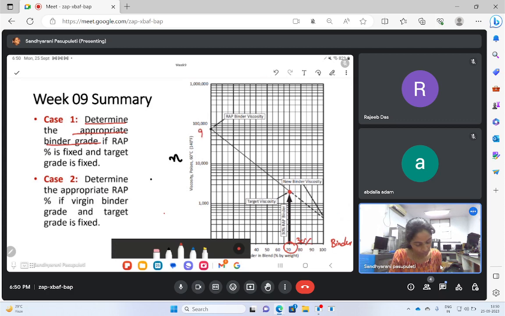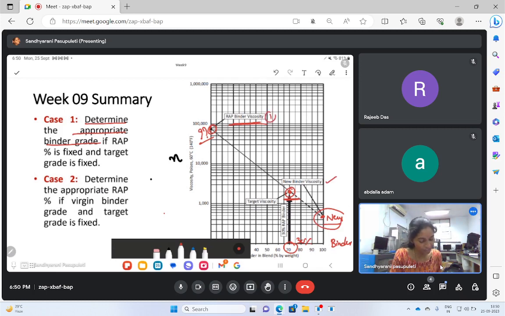So they may ask what is this wrap binder viscosity. This is the target, this is a new binder viscosity. They might have given this, they may ask this. In some cases they may give this wrap binder viscosity and they may give this target viscosity. They may ask you for new binder viscosity.